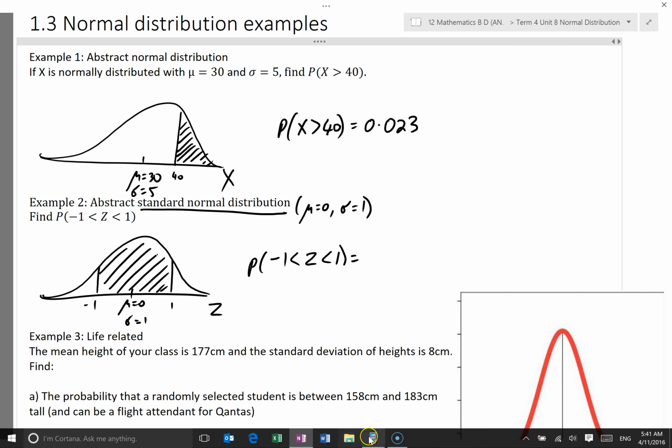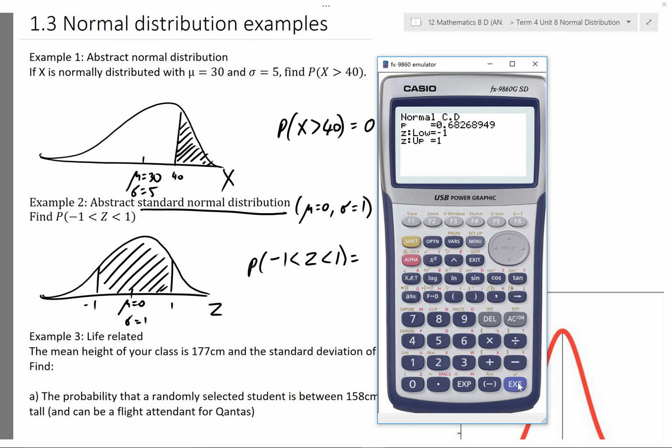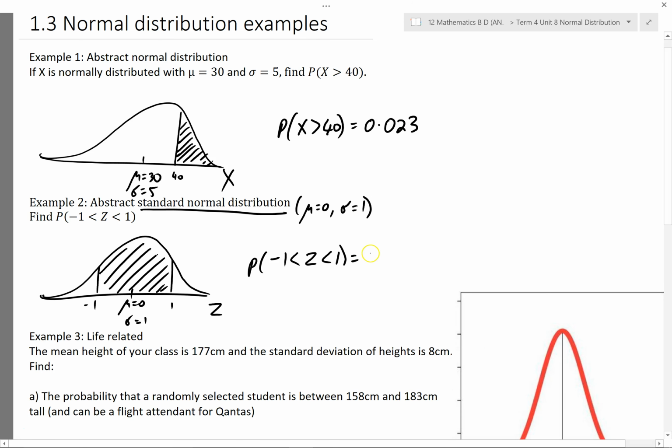Again, off my graphics calculator. So I'm between -1 and 1. Standard deviation of 1, mean of 0, 0.683. So those are abstract examples where we're just talking about these curves.